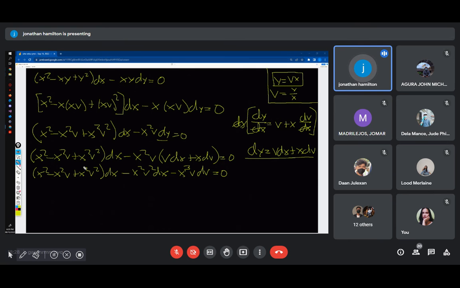Kung ato na yun siya combine, we can say na x squared v squared dx and then x squared v squared dx, so ma-erase na to ni siya. Since mao ni ato makuha, we try and simplify. So we could say x squared minus x squared v dx minus x cubed v dv is equal to 0.